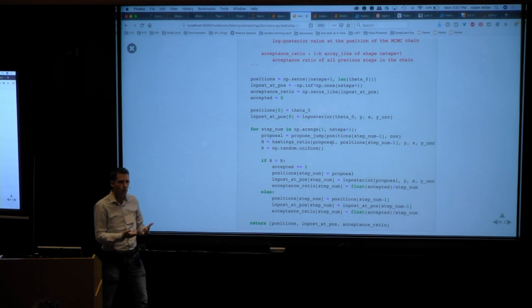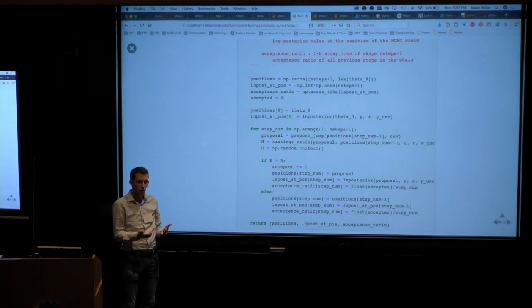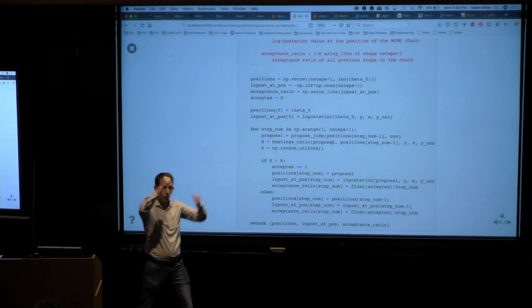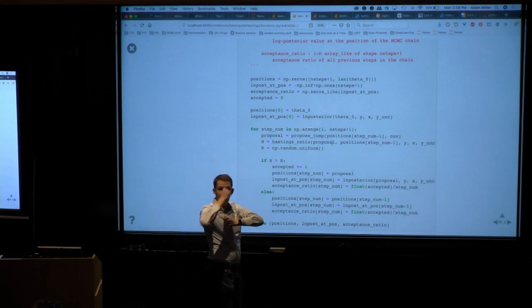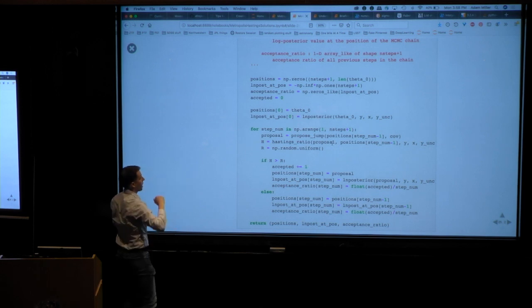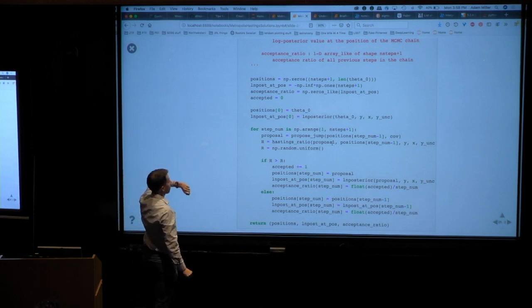Algorithmically, as you might imagine, you want an acceptance ratio that isn't very, very low, because if it's very low, you're going to have to wait a long, long time to actually move around the space and get some estimate of what the probability is. Okay? And we'll talk about what low and high is for the acceptance ratio tomorrow.